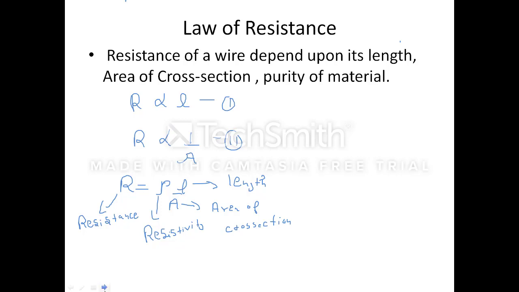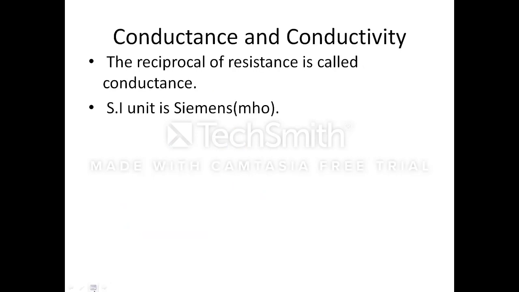Now the next topic is conductance and conductivity. Basically, conductance is defined as the reciprocal of resistance, that is G is equal to 1 by R, where G denotes conductance and R denotes resistance of a material, and the SI unit is Siemens or mho.